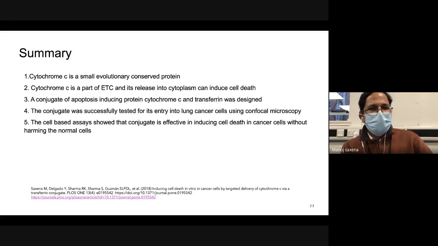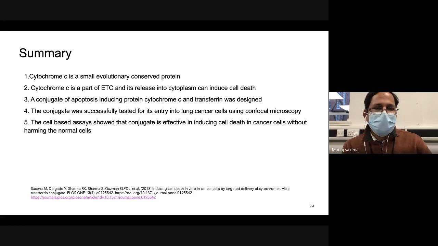So in summary, what I have shown today is that cytochrome C is a small, evolutionarily important protein and it's well conserved. Its sequence can be used to link evolutionary relationships between different organisms.